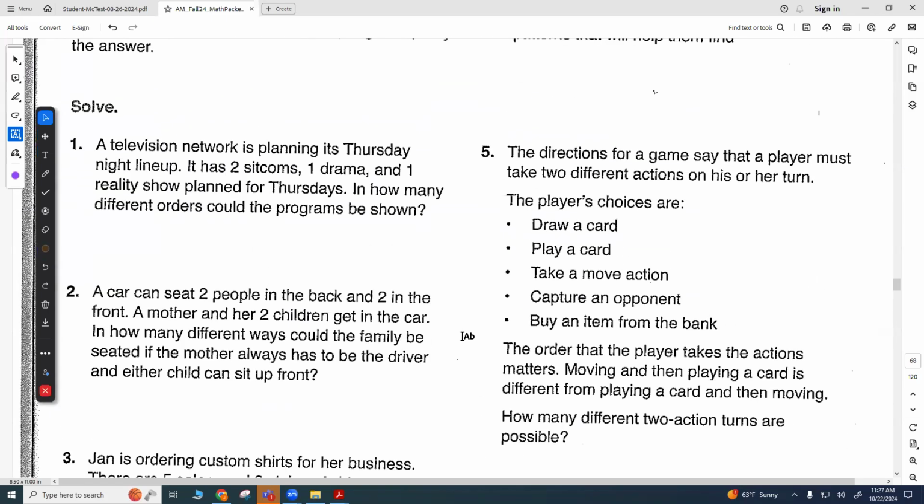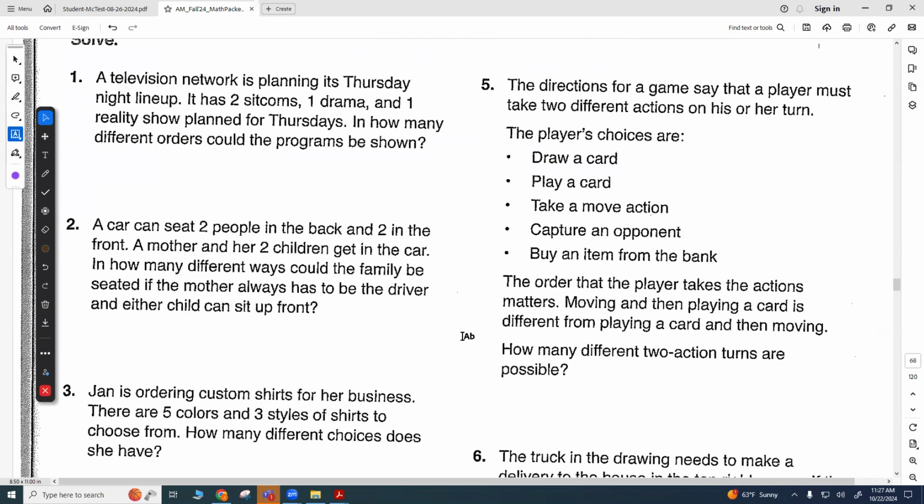The answers are at the very end of the unit, so you can always check your answers. But otherwise, we'll pick it up from here on Thursday. And I know it feels a little abrupt, but we've just dipped our toe in the water. So, all right. Any final questions or confusion, anything?